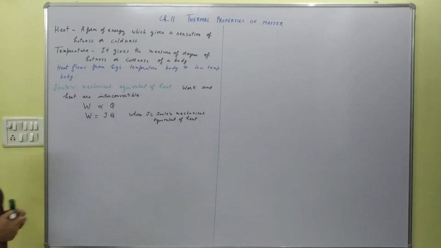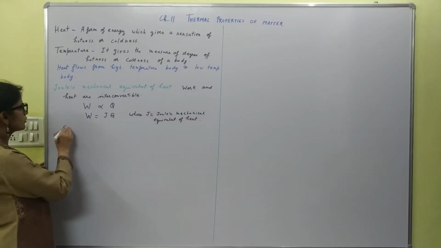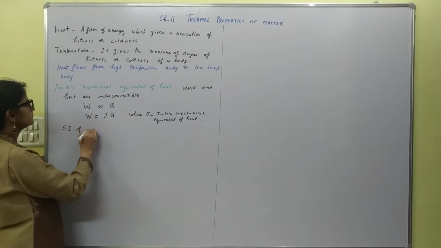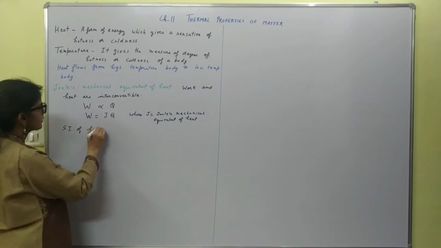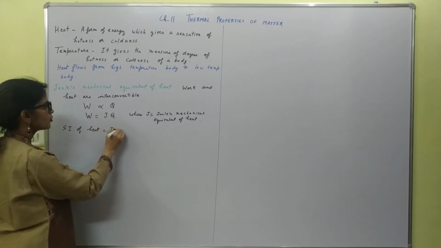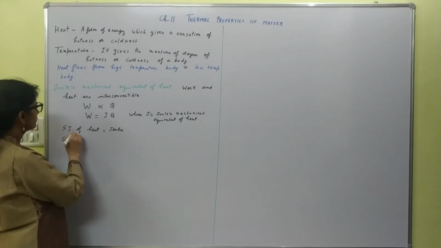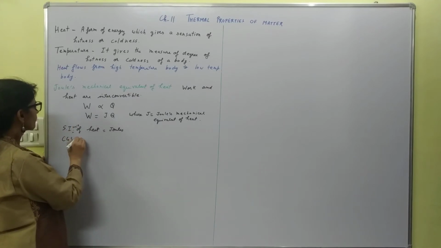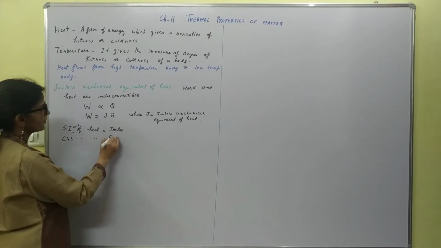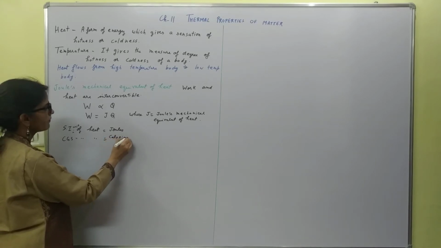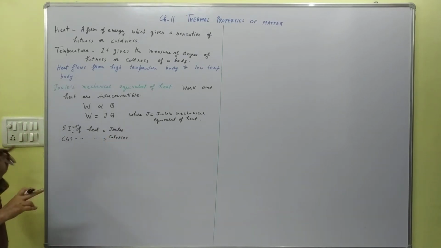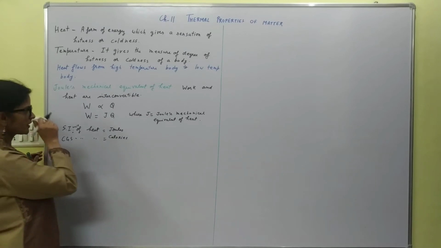Right? So we know that SI unit of heat is joules, but CGS unit of heat is calorie. And we have this conversion factor for joules and calories.